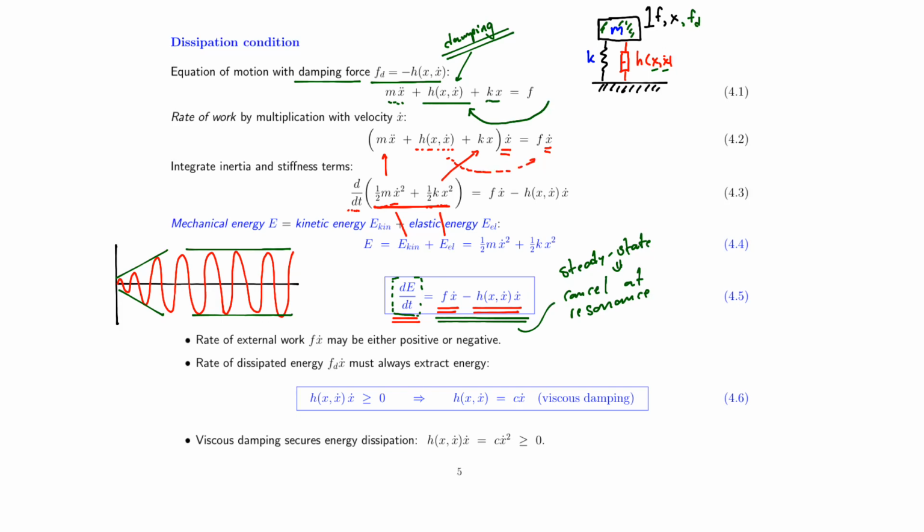Now, for us actually to be able to dissipate energy, on the right-hand side, the h times velocity must be larger than 0. And this is actually a condition that must be fulfilled at all times. If it's not fulfilled, that means that your damping device, could be a fluid damper, could be friction, could be whatever mechanism, will actually put energy into our system.